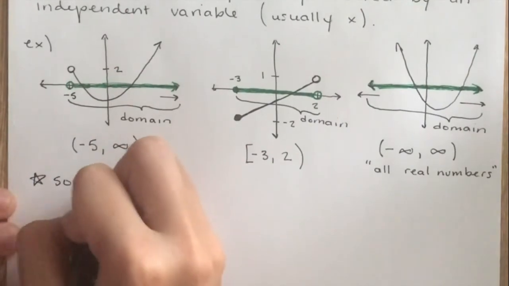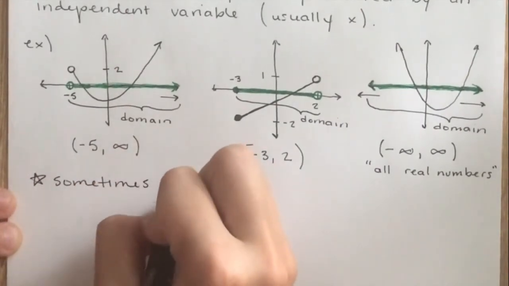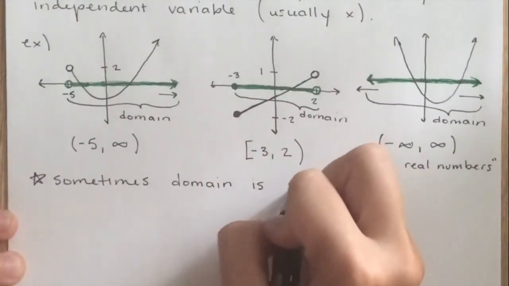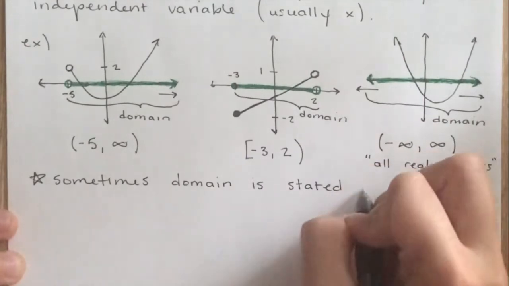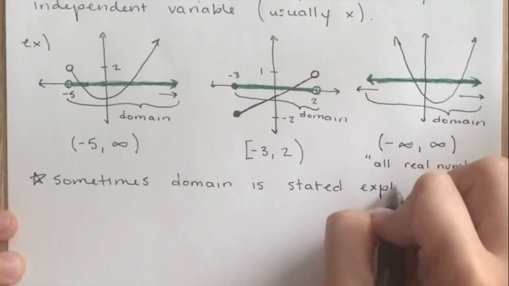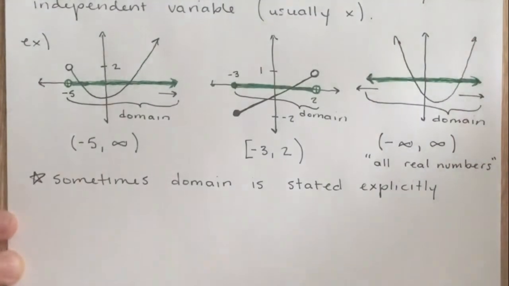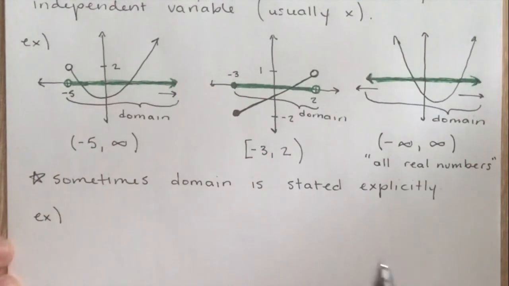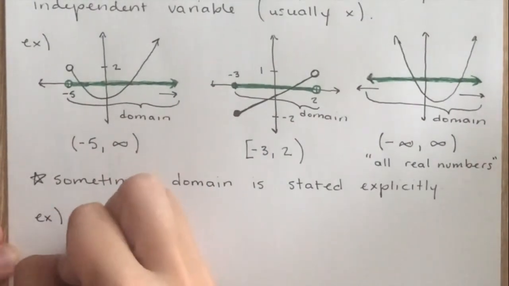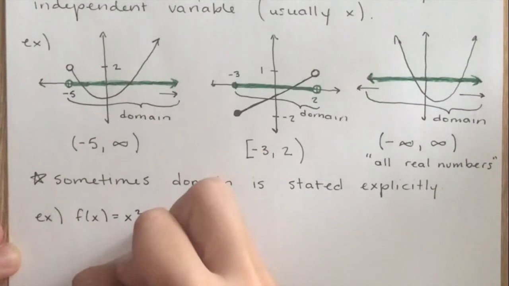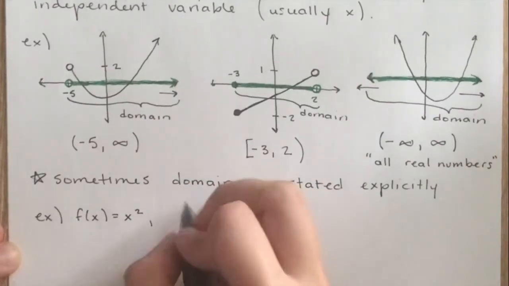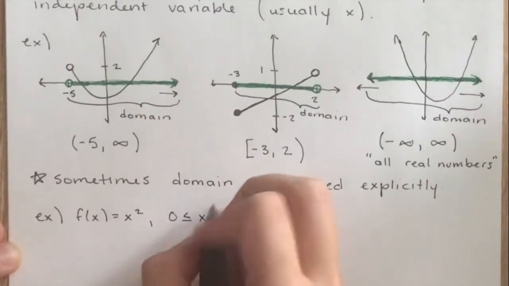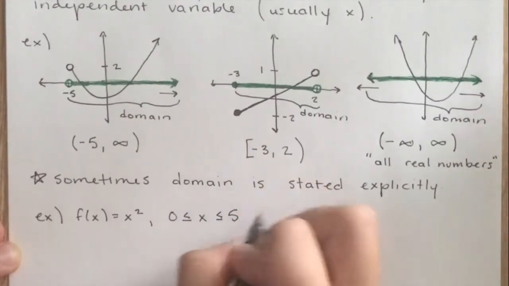Sometimes domain is stated explicitly. For example, let's say I have f of x equals x squared, comma, 0 is less than or equal to x is less than or equal to 5.